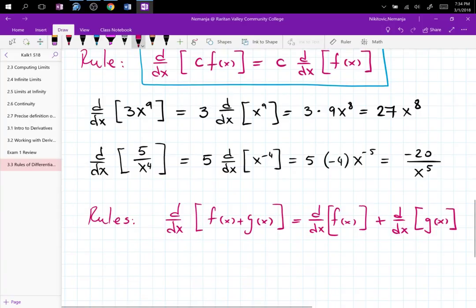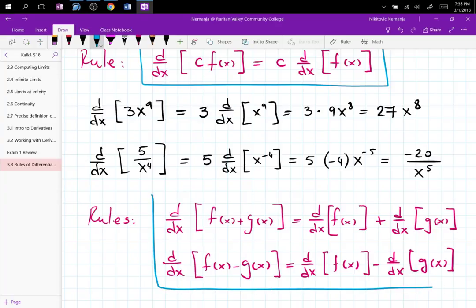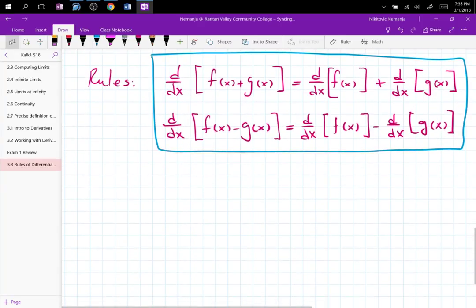And then write the same formula for a minus underneath. And I will also box this in blue. More quality of life, I guess.